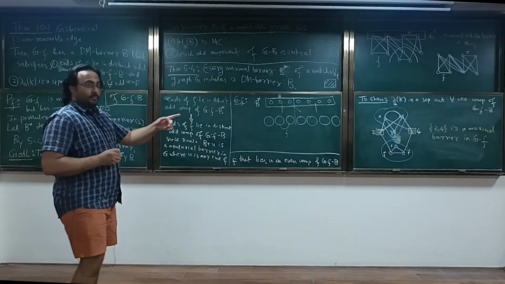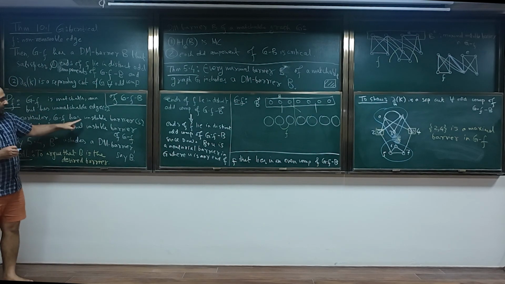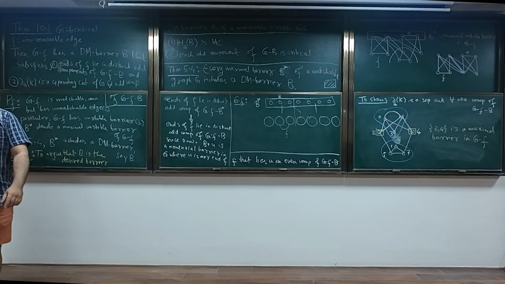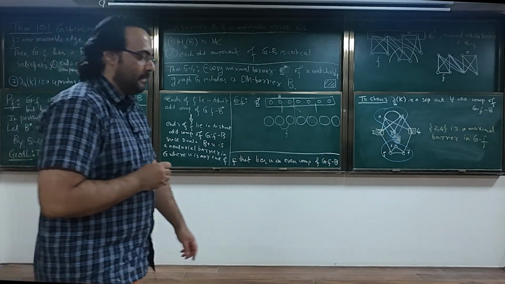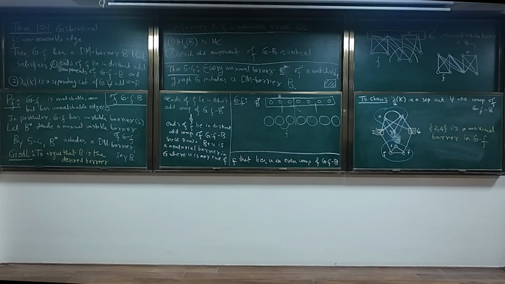So this barrier would not have worked, and the reason it doesn't work is because we took a barrier that is not unstable. Observe that 2, 4 is not unstable, it is actually stable. That is why there is no problem with the proof because of this example. The proof starts as an unstable barrier. So, yeah.